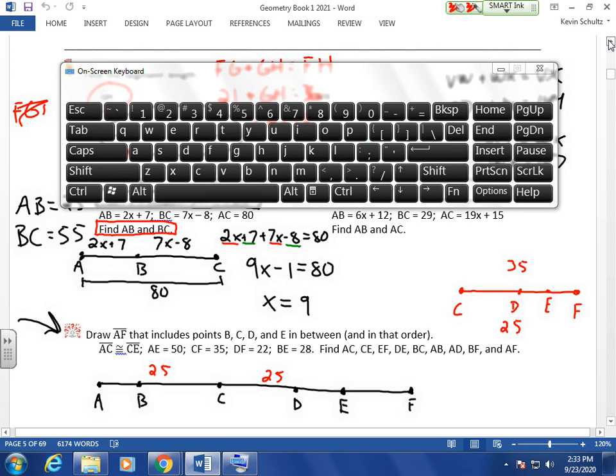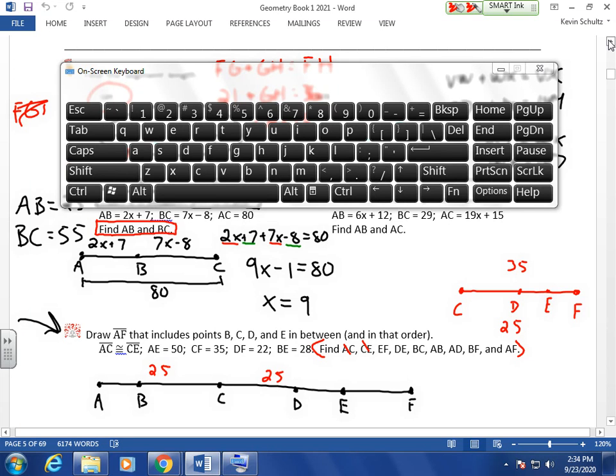Your objective here is to find AC, CE, EF, DE, BC, AB, AD, BF, and AF. We've already found AC and CE. They're both 25. Knowing that CF is 35, what other segment length can I solve for here?